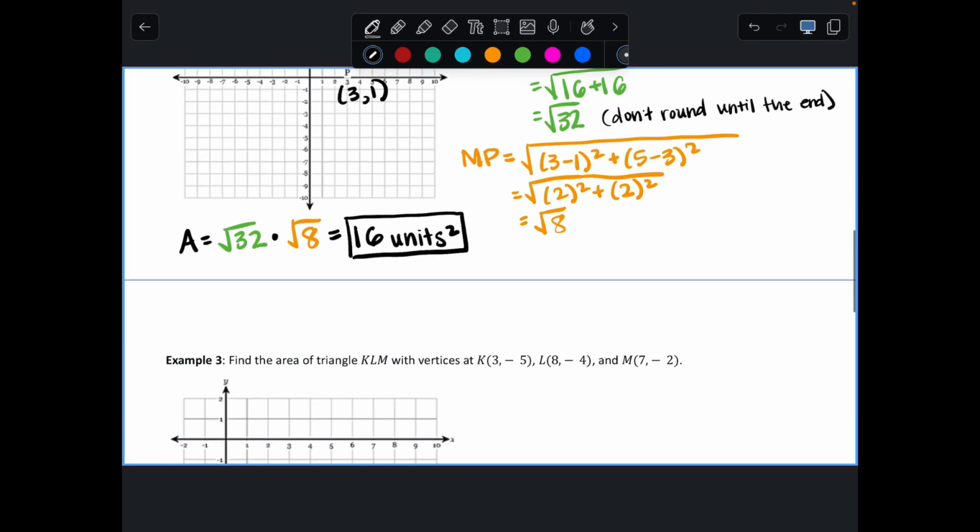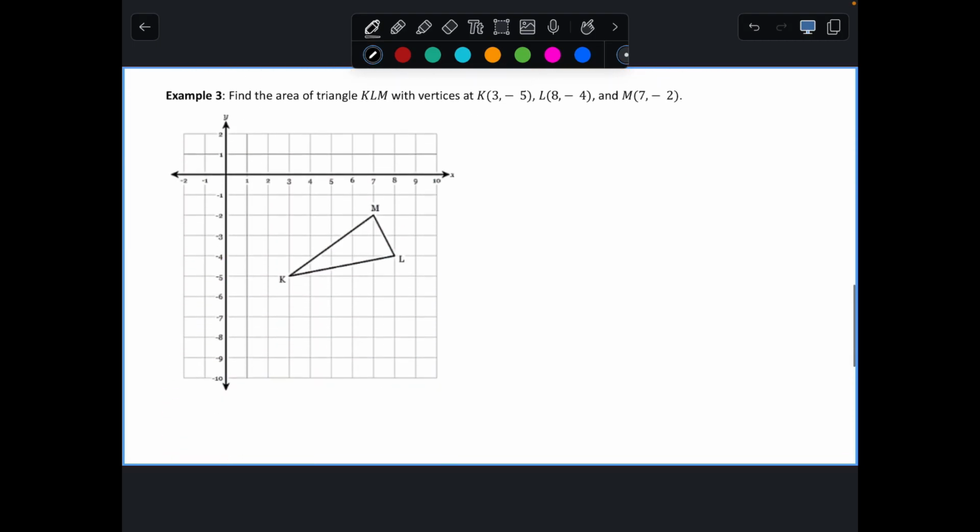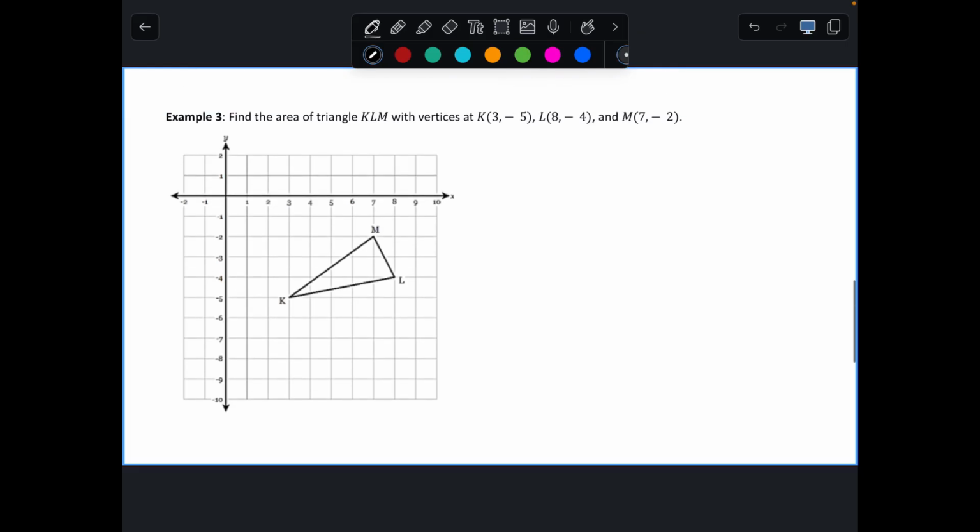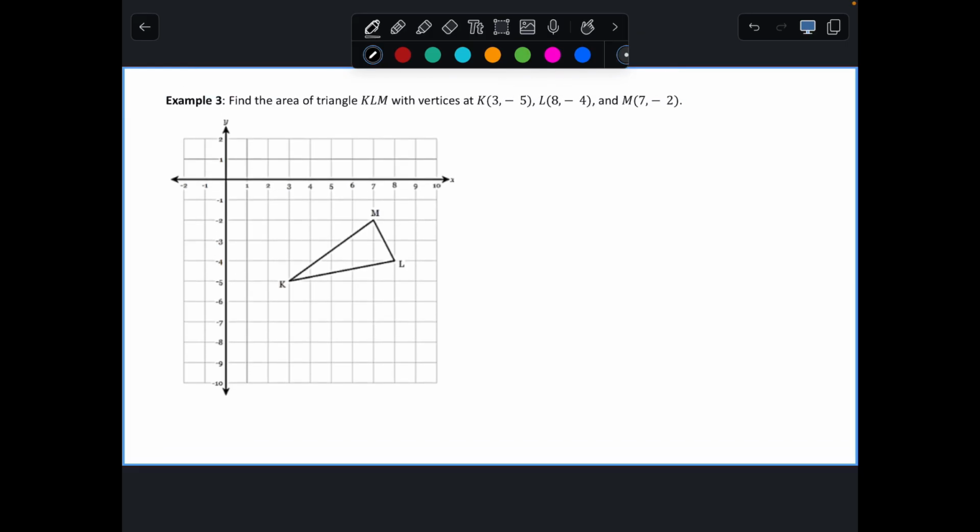All right, let's find the area of this triangle. I don't know why it has the grid on mine, but it didn't come out in the printer. Now, I cannot just use 1/2 of the base times the height. Why? It's not a 90-degree angle. Or it could be, but we don't know because it doesn't have the little square there. So we have to circumscribe a rectangle around it. So let me put some little notes here.